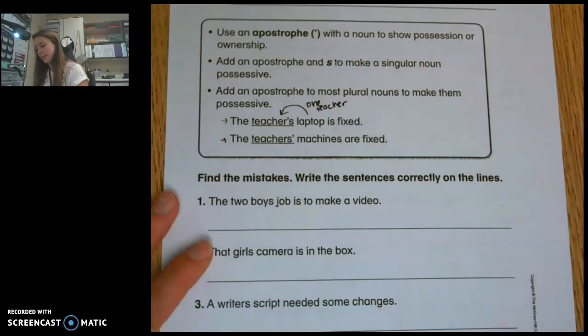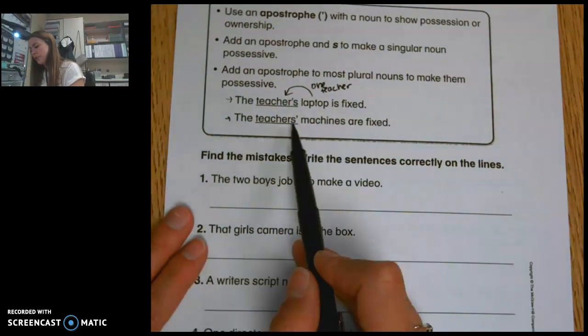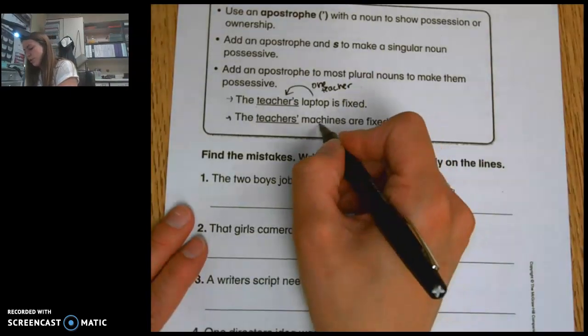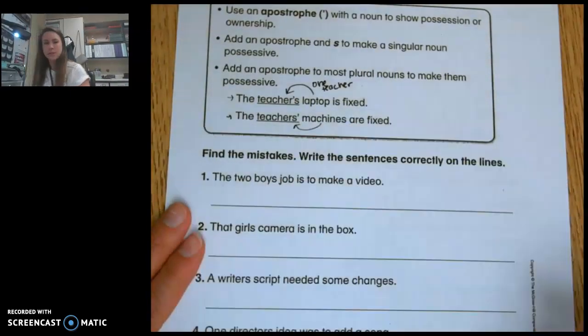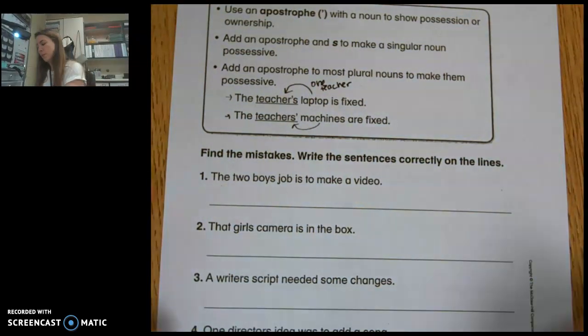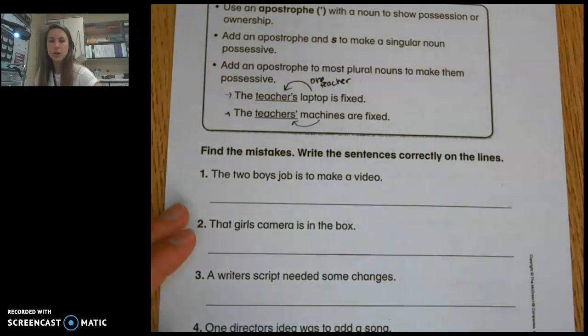In your second sentence, you have the teachers' machines are fixed. Now here you see that the machines belong to the teachers, because you have more than one teacher. It's a group of teachers. So you have all the teachers in the school maybe, and the fact that their machines are fixed.